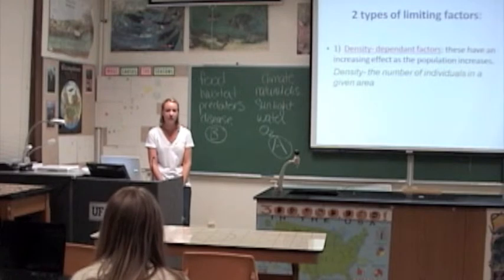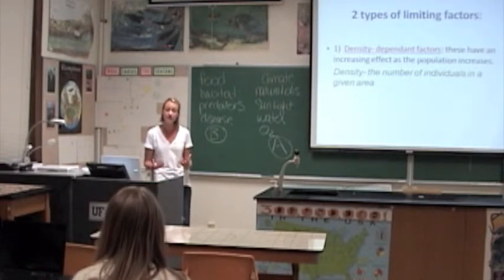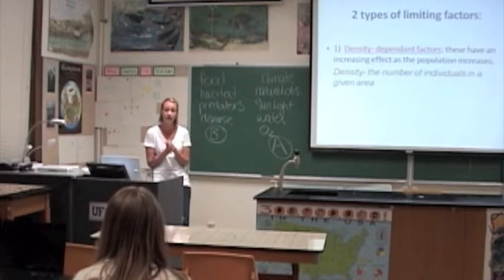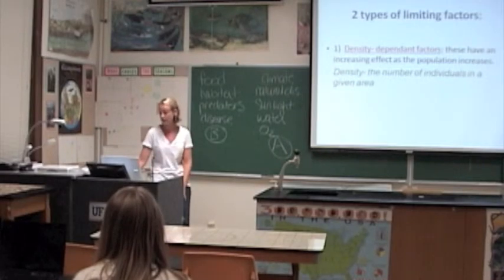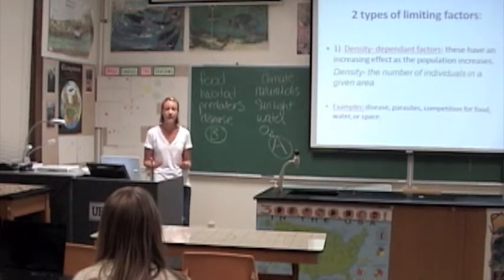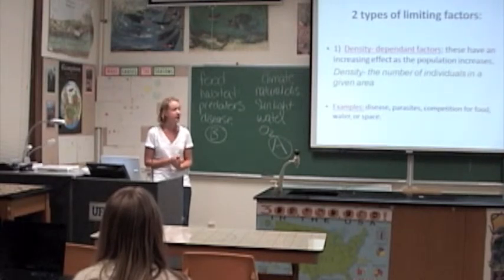The fact that there's 5 of us, our chances of also getting sick are going to be a lot smaller, say if there were 50 bears in this classroom, because we're all going to be crammed in and more close together. So you can see that this factor, such as disease, is a density-dependent factor, that the more animals we have in an area, disease will have more of an effect on the population. So as these density-dependent factors, they have an increasing effect as populations increase.